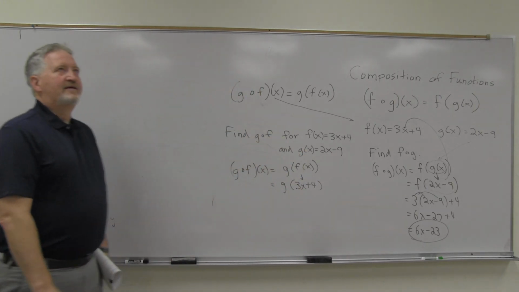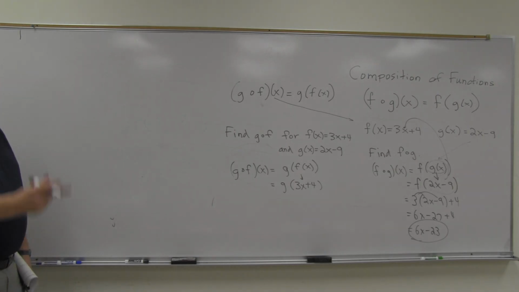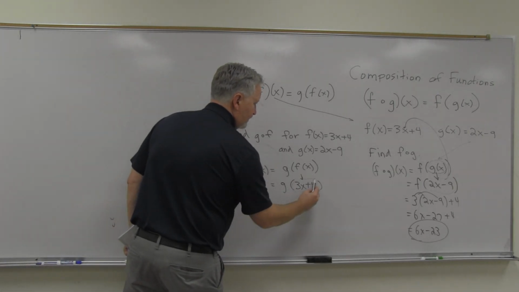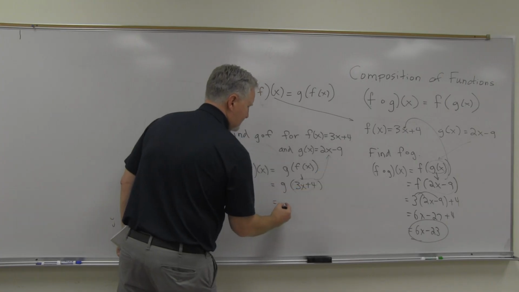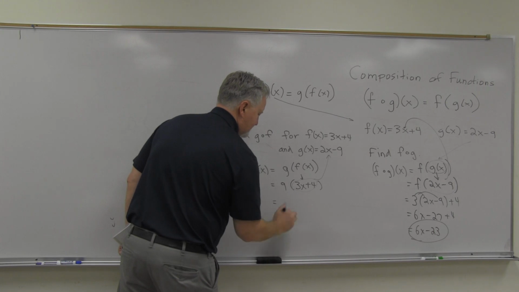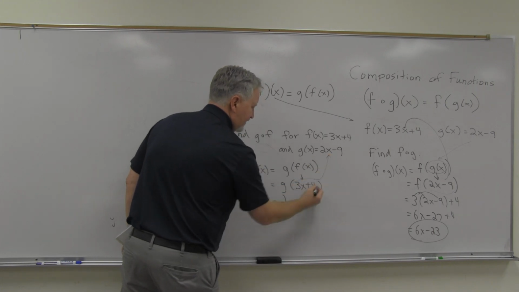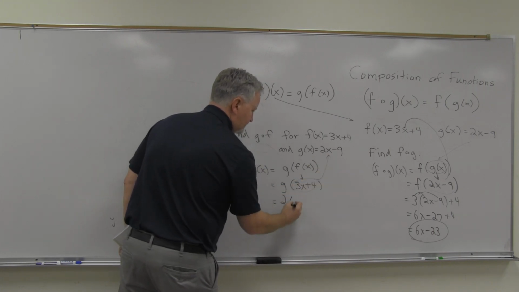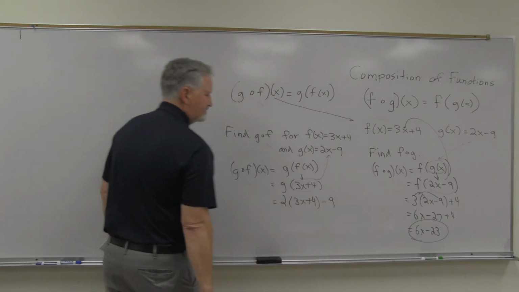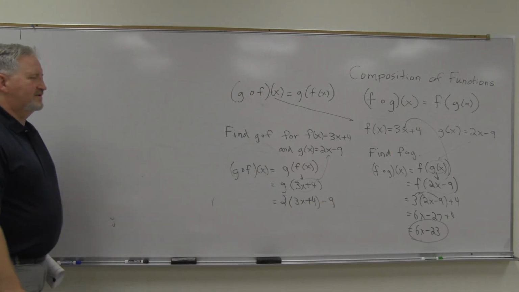Replace it. Then you do g of that. And so you take 3x plus 4 and replace it in the g. So that's 2 times the x, where the x is 3x plus 4. Cool. All right? 2 times 3x plus 4 minus 9.